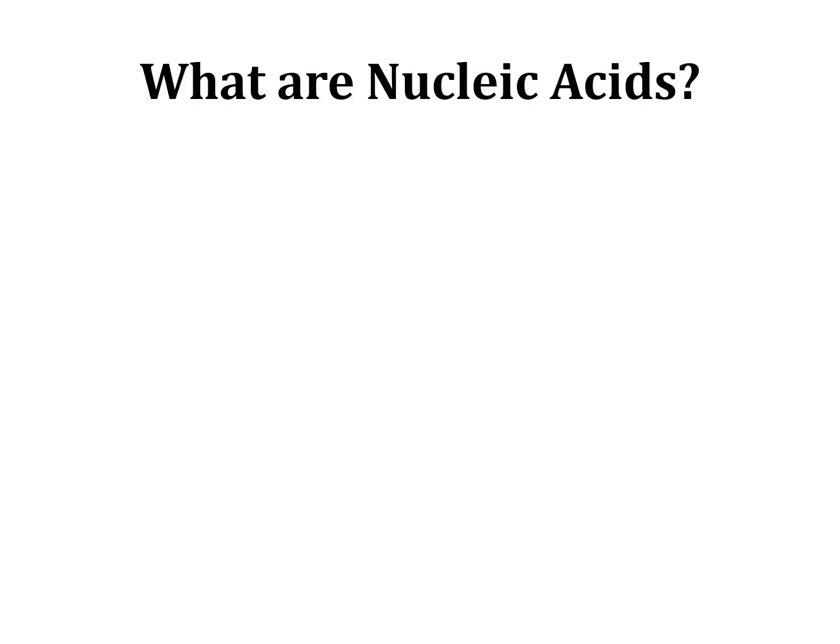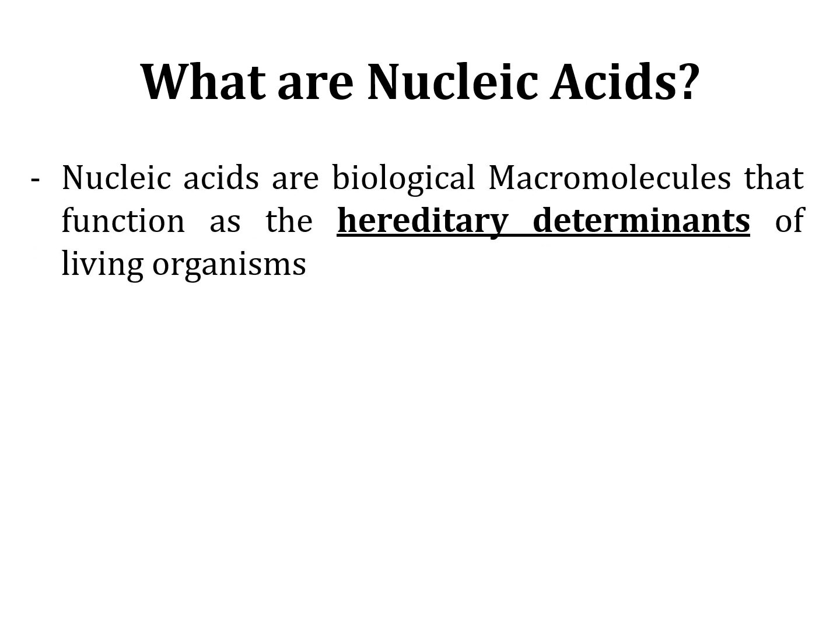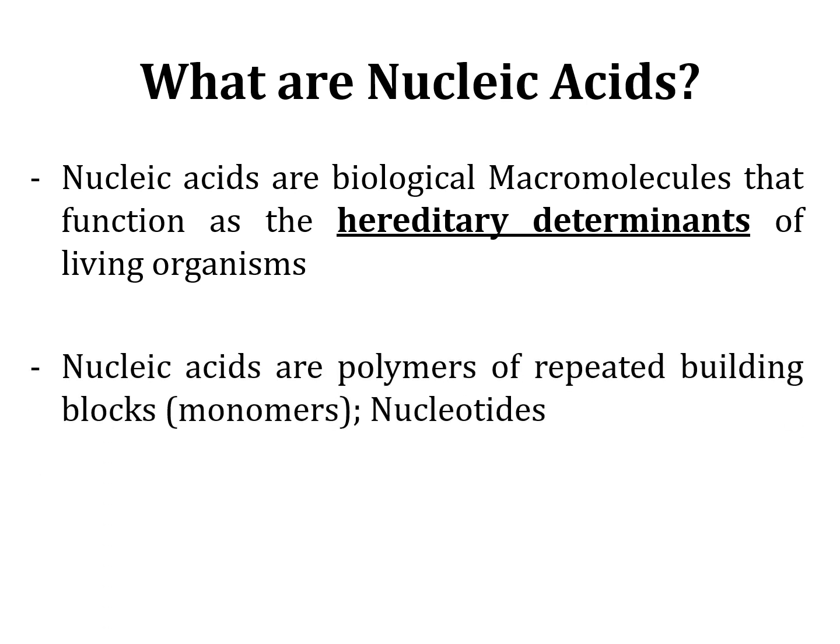Now, what are nucleic acids? Nucleic acids are biological macromolecules that are passed from one generation to the other. They specify information, for example, hair color, eye color, etc. So they are the hereditary determinants of living organisms. They define traits.